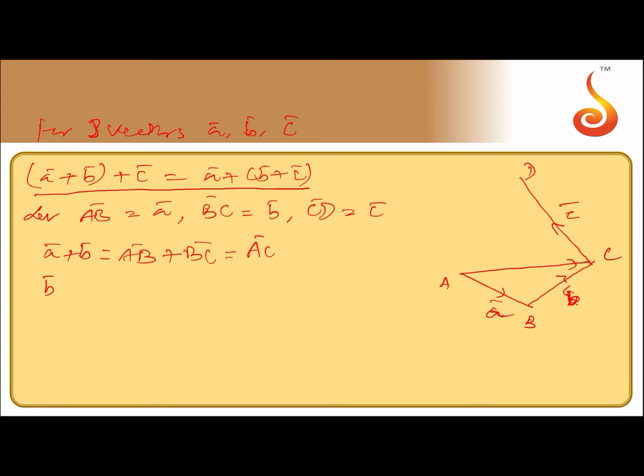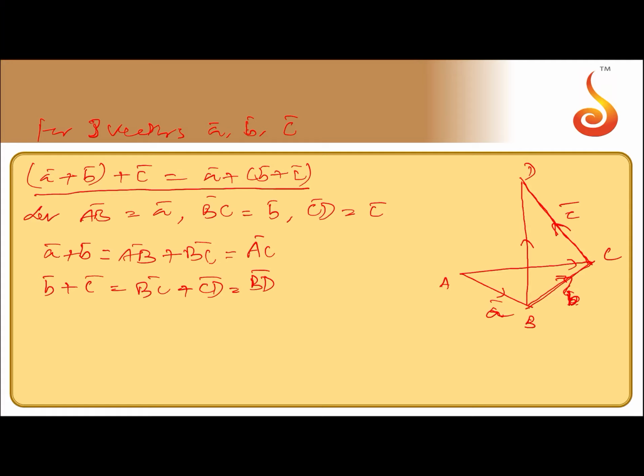Now consider B plus C. B plus C means the BC vector, from B to C, and the CD vector. The result is nothing but the BD vector. BC plus CD is nothing but a BD vector.